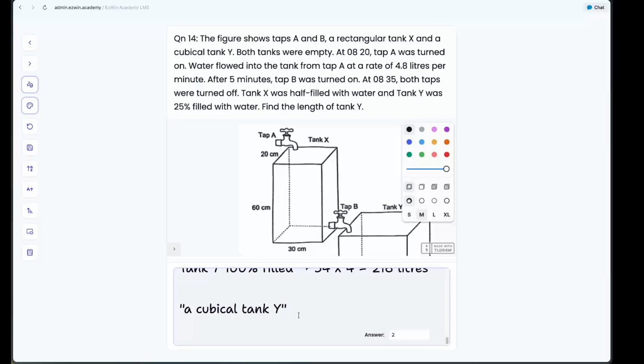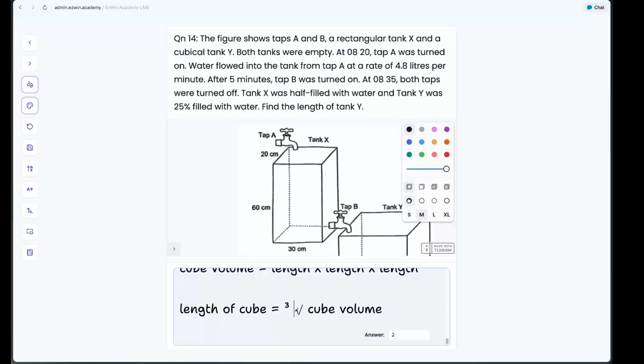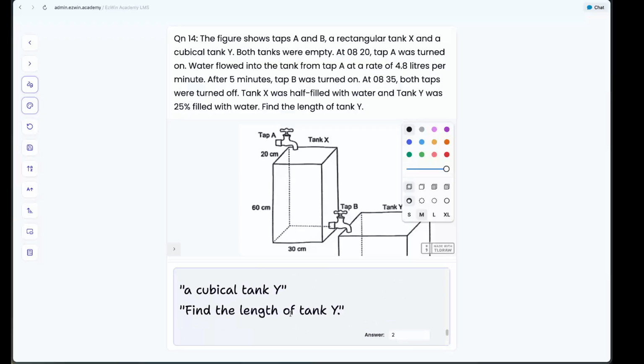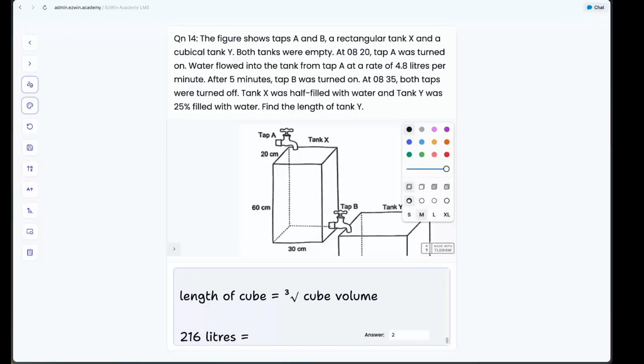And from the question, tank Y is a cubical tank, and we want to find the length of tank Y. For a cube, volume is length times length times length. That means length of cube is equal to cube root of cube volume. Once you know this, then we can find the length of the cube. We need to convert this 216 liters to centimeter cube.